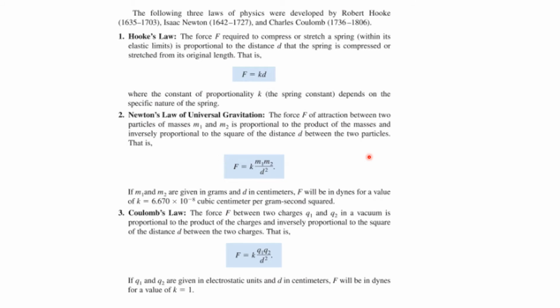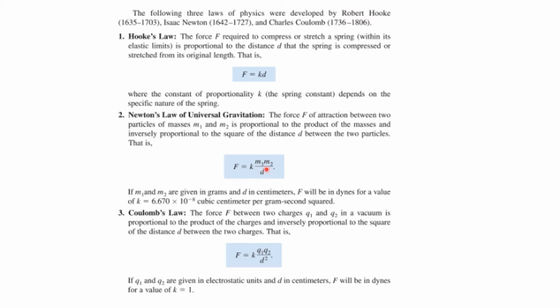We also have Newton's law of universal gravitation. The force F of attraction between two particles of masses m1 and m2 is proportional to the product of the masses and inversely proportional to the square of the distance between the two particles. That is, F is equal to G, a constant called the universal gravitational constant, times the product of the two masses divided by the distance squared. You have to be concerned about units.